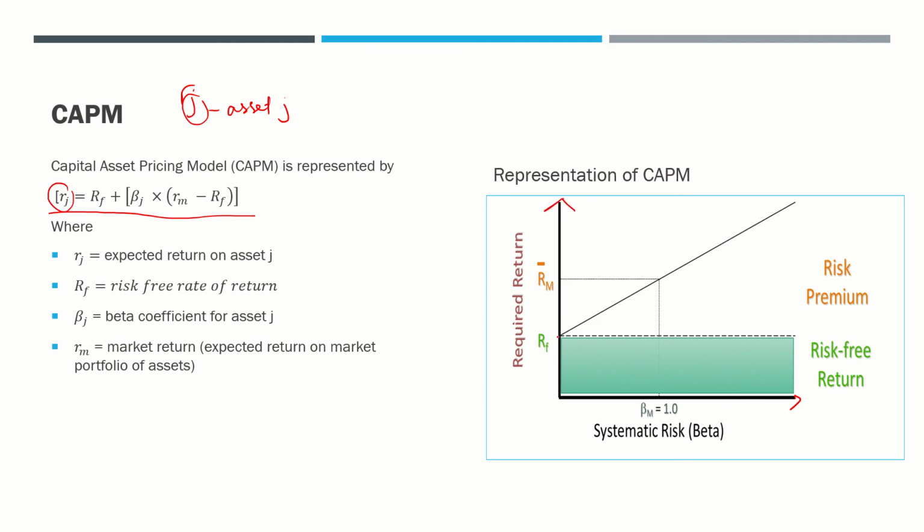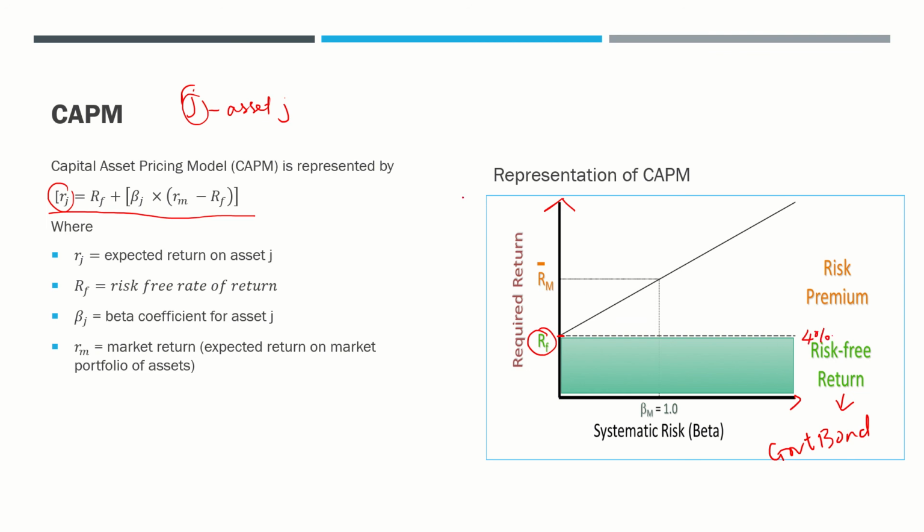Jadi dia akan start daripada sini, iaitu risk free rate ni dekat sini. Dia akan ada lah risk free rate return tu. Contoh risk free rate return, aset yang risikonya rendah, bond lah kan, government bond, katakanlah government bond dia bagi 4% sini.